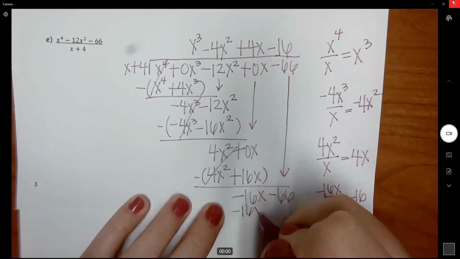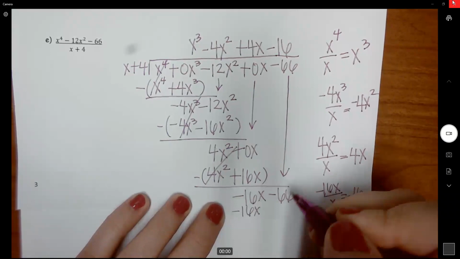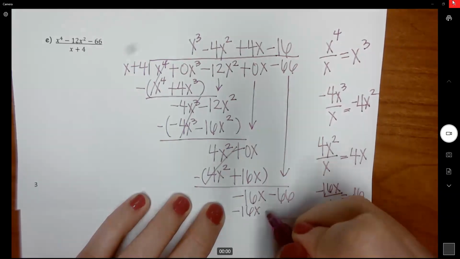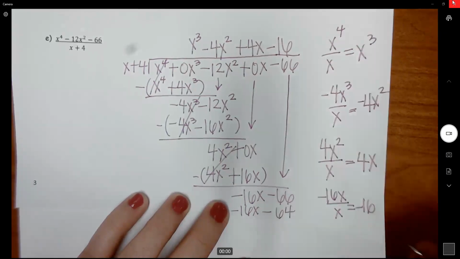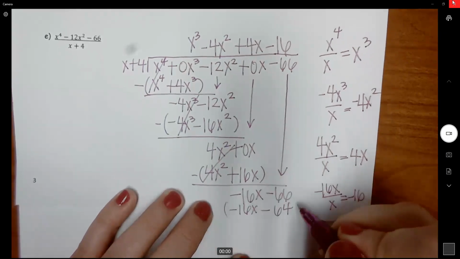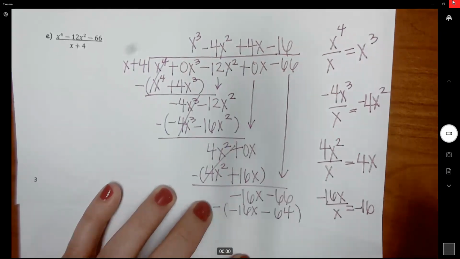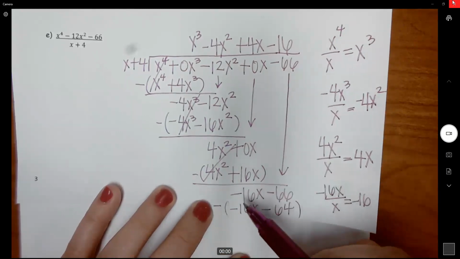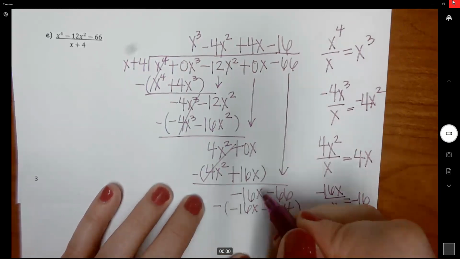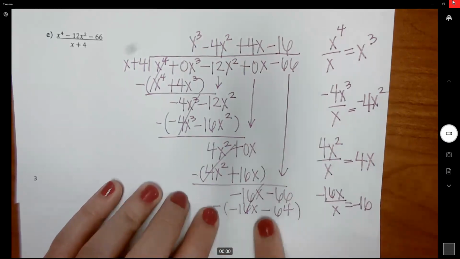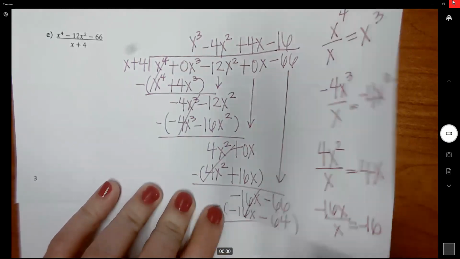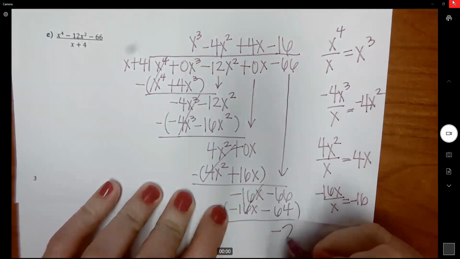We've got negative 16x minus 64. We're going to subtract the whole thing. Negative 16 plus 16 cancel. Negative 66 plus 64 leaves me with a negative 2.